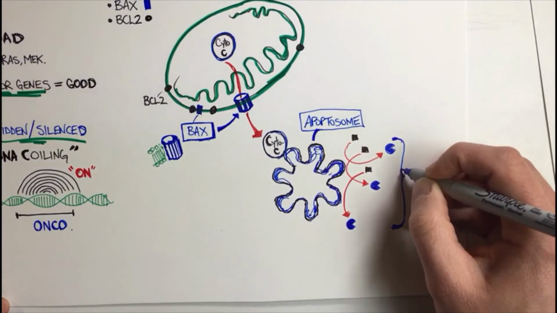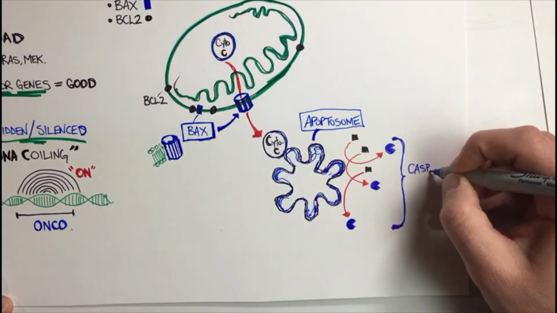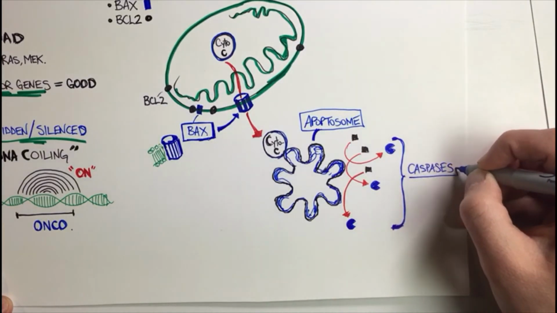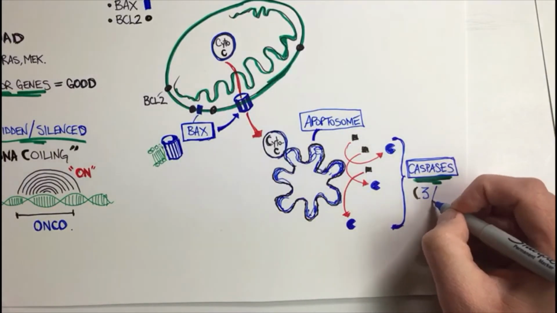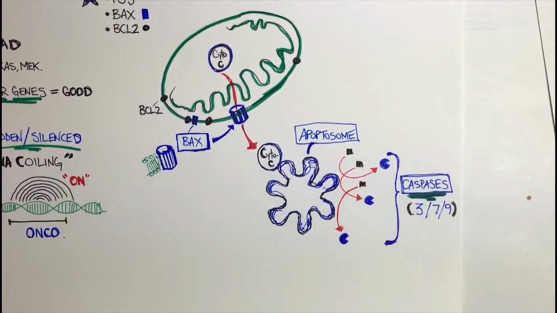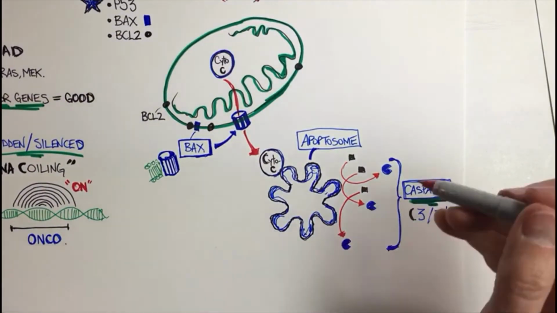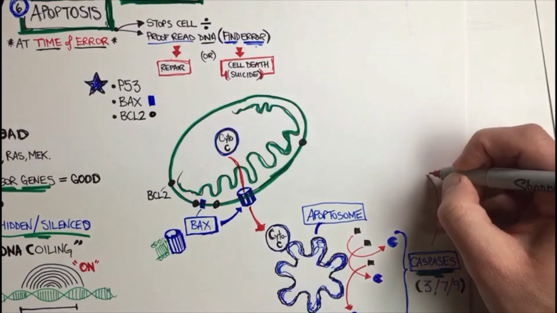So again, caspases are inactive when a cell is doing great, but when a cell has decided to enter into apoptosis, caspases are the effective executors of the cell, and they're numbered as well. In numbers, caspase 3, 7, and 9. And once they are released and let loose in a cell, it's lights out for the cell.